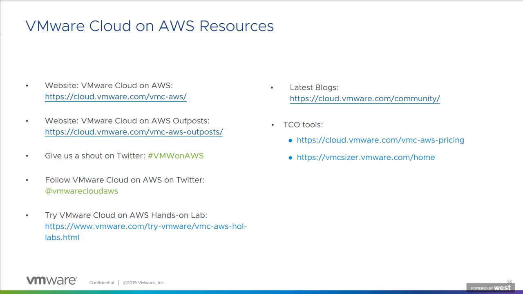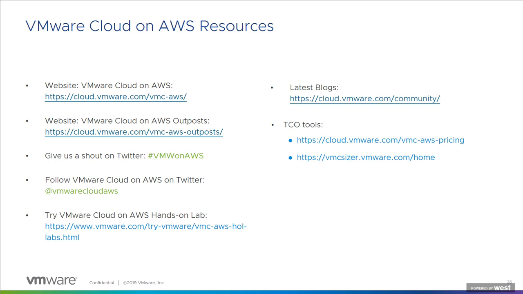Also, if you're interested to learn more about VMware Cloud on AWS Outposts, check out the website on Outposts and sign up to get some of the latest updates that are available there. Feel free to follow us on Twitter, which is at VMware Cloud AWS. There's a lot of information released there about upcoming blogs and webinars.